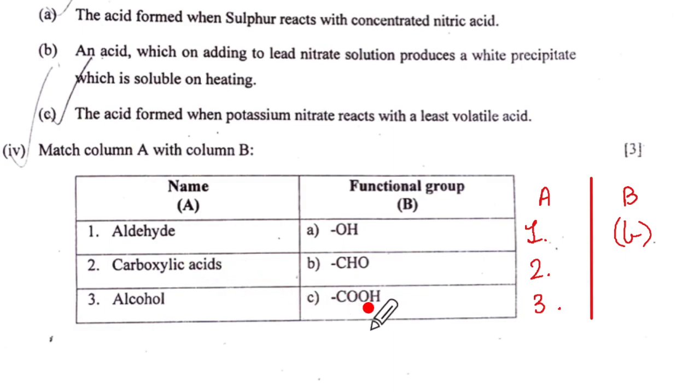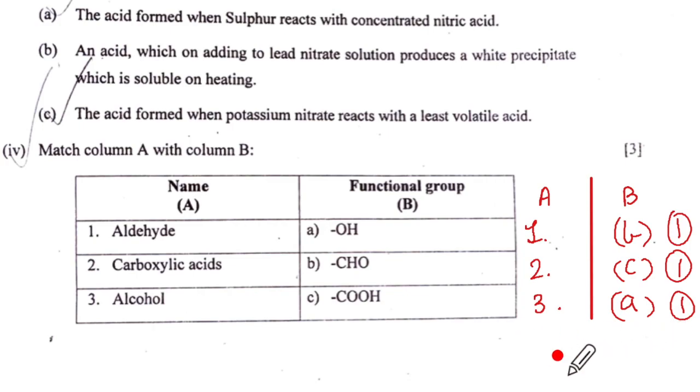Carboxylic acid is dash COOH, where is it? This. And alcohol is dash OH, so that will be our A. Okay, so B, C, A in that order. So we'll have 1 mark per match, and that gives us our full marks. So we have actually solved the full paper, not the choice questions, but all the questions.